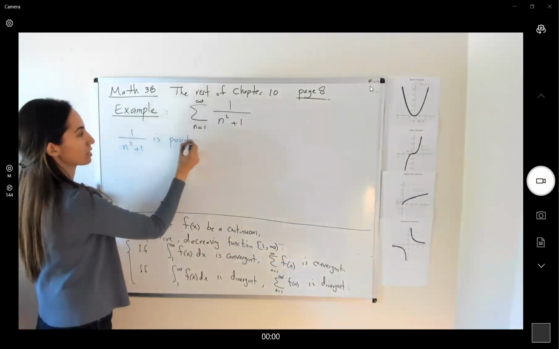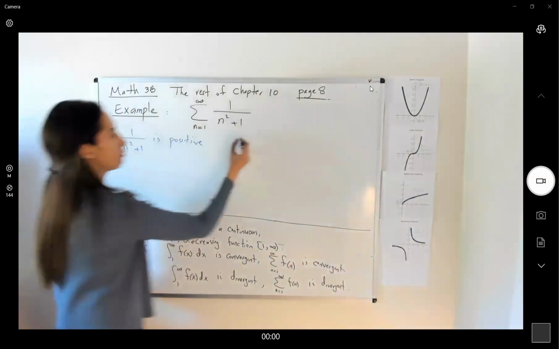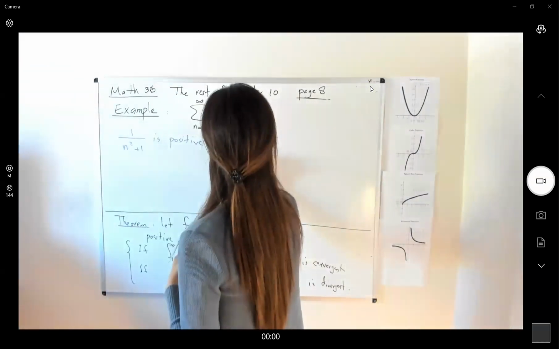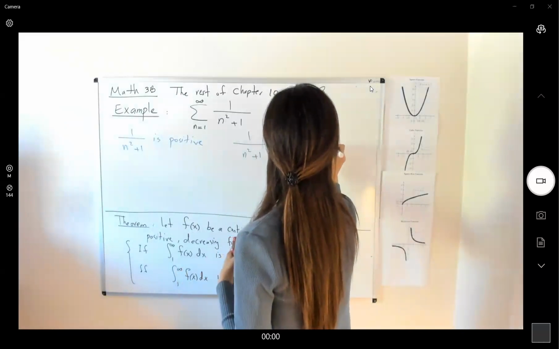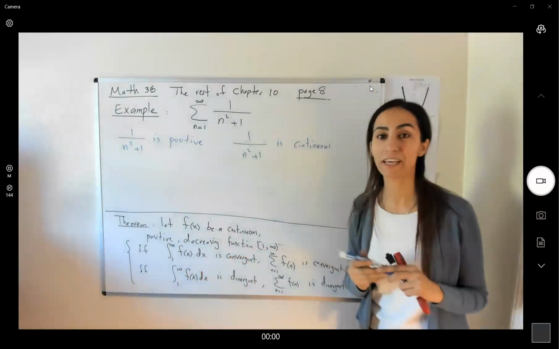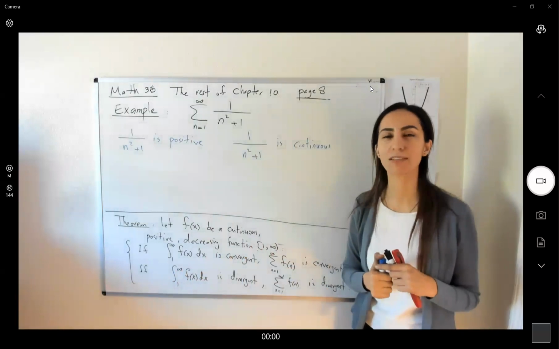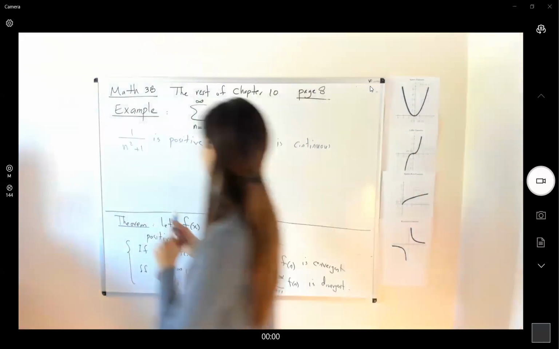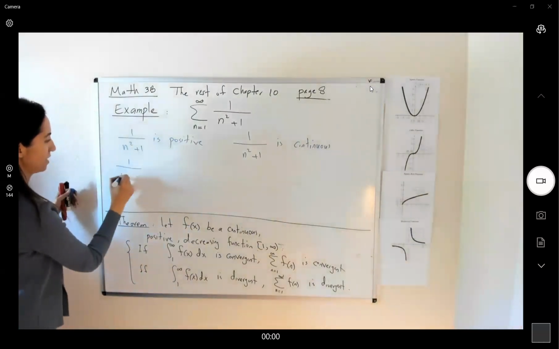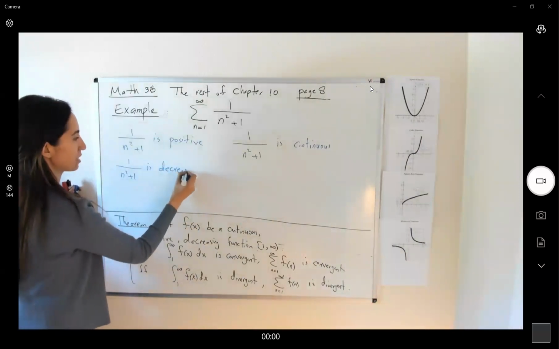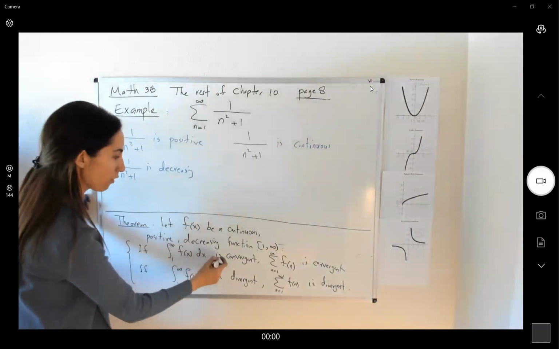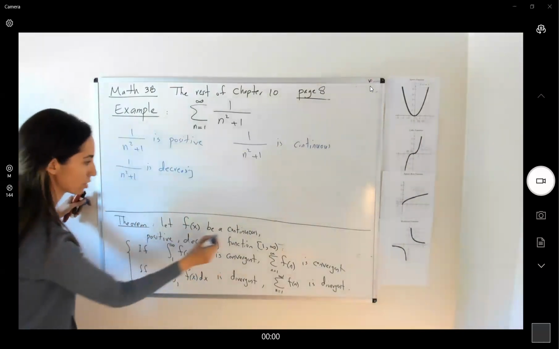It is continuous. It is also decreasing, since n squared plus 1 is increasing. So it satisfies all of these conditions.